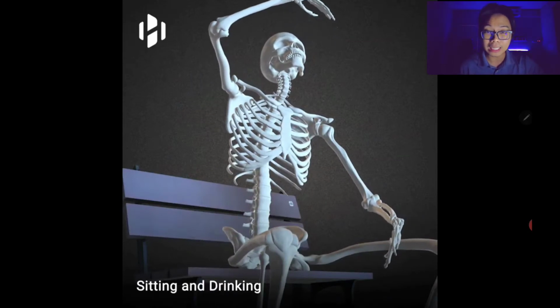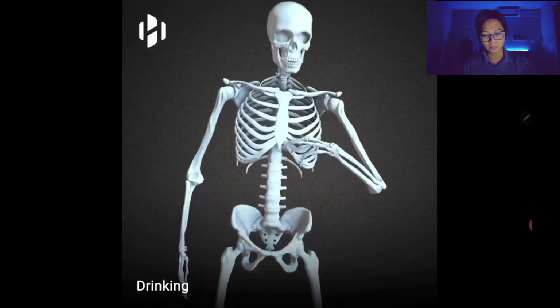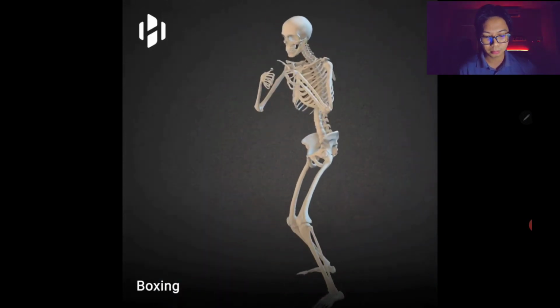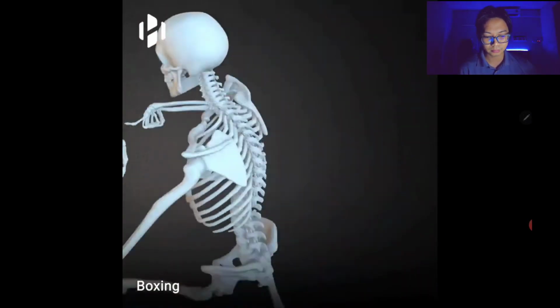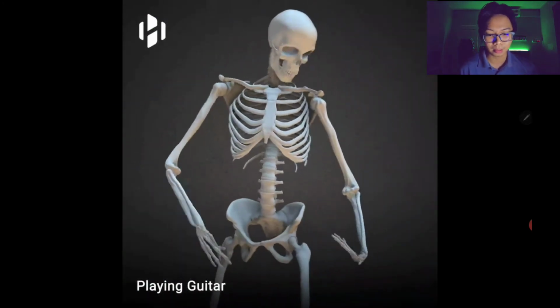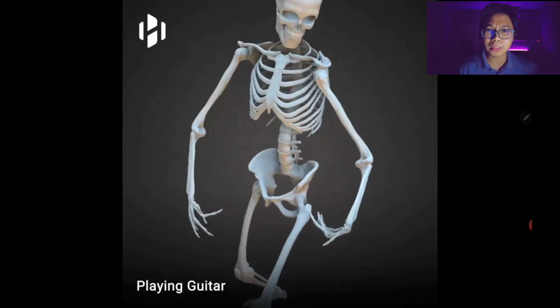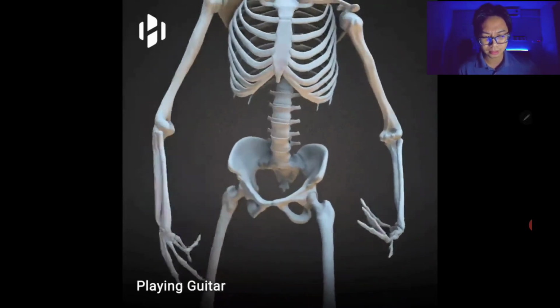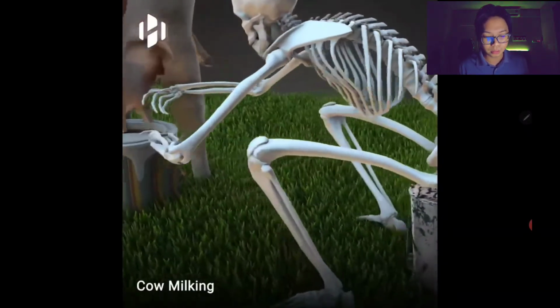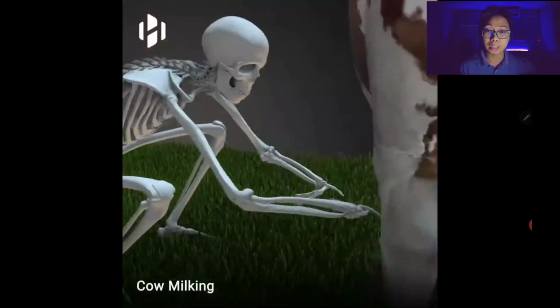Sitting and drinking. Drinking your water, your cola. Boxing. Playing guitar. Beginilah kita punya tulang bergerak ni. So imagine if you don't have the skeletons, you won't be able to do this. Cow milking, ambil susu lembu.